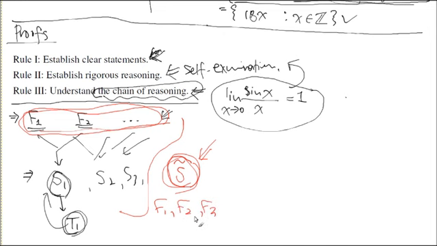Can we prove that? That statement cannot be proven using these fundamental statements, right? So this is called the limit of reasoning. You can't prove everything. There's certainly a limit of reasoning, and we have to understand that. But we have to do our best to clarify the chain of reasoning.